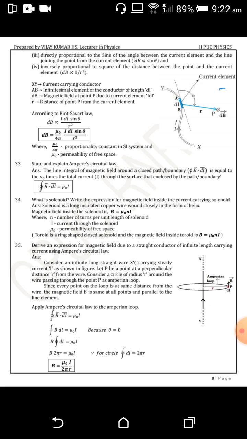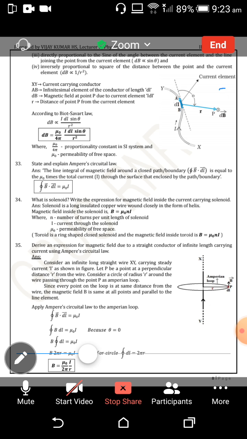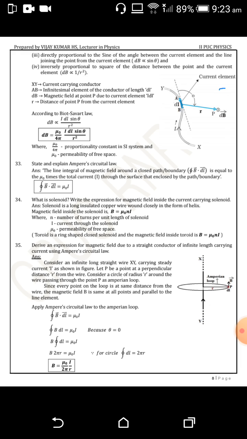Similarly, in the bracket they have given: a toroid is a ring shaped closed solenoid, and the magnetic field inside the toroid is B is equal to mu naught nI. What is a toroid? Toroid is nothing but the solenoid: if you bend that solenoid in the form of a closed loop, that itself is called the toroid.